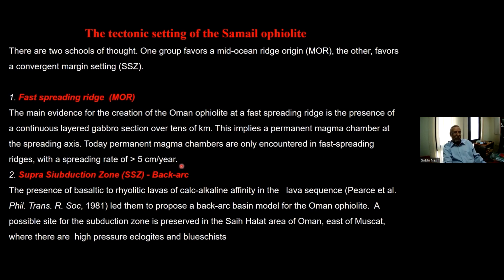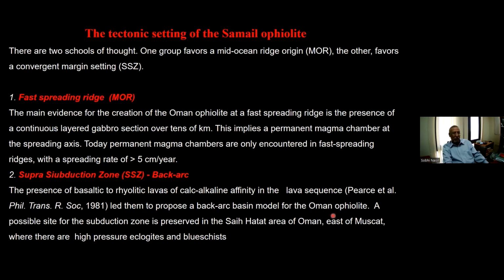On the other hand, the group which supports the supra-subduction zone depends on the geochemistry of the lava, boninitic lava with calc-alkaline affinity sequence. And due to that, they propose a back arc basin model for the Oman Ophiolite.